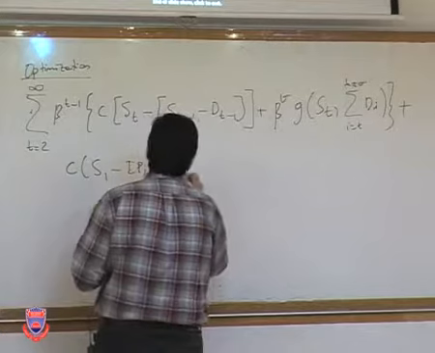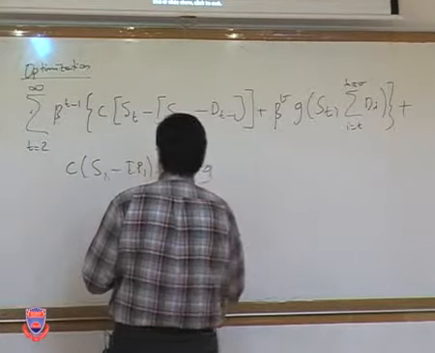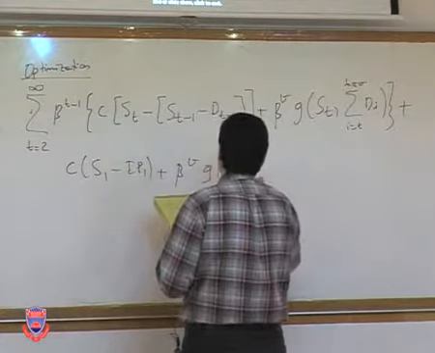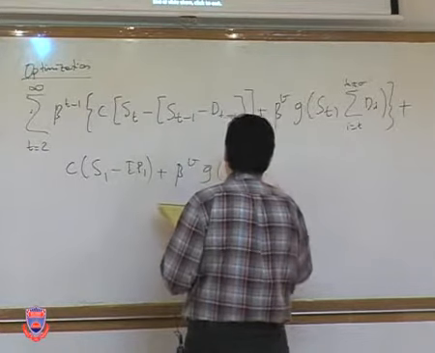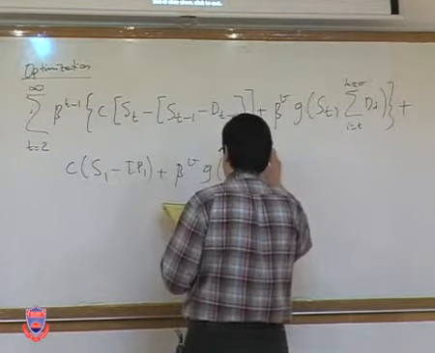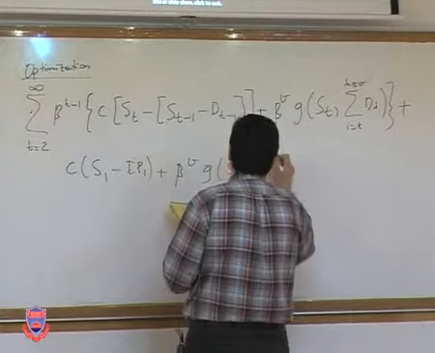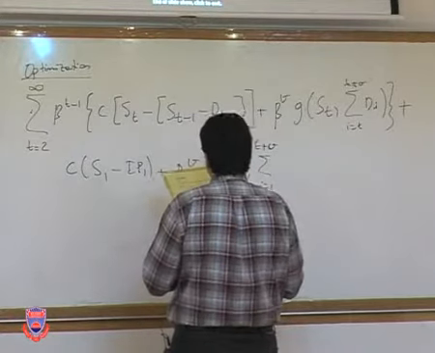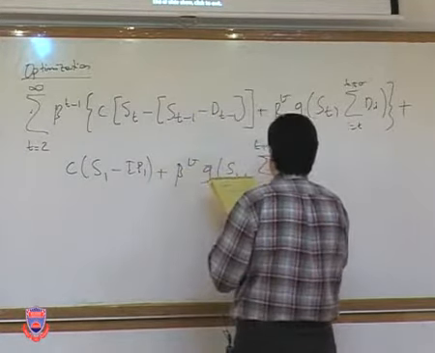And then I'm going to have beta^nu times G(S1), and then the summation of d_i from t to t plus nu.